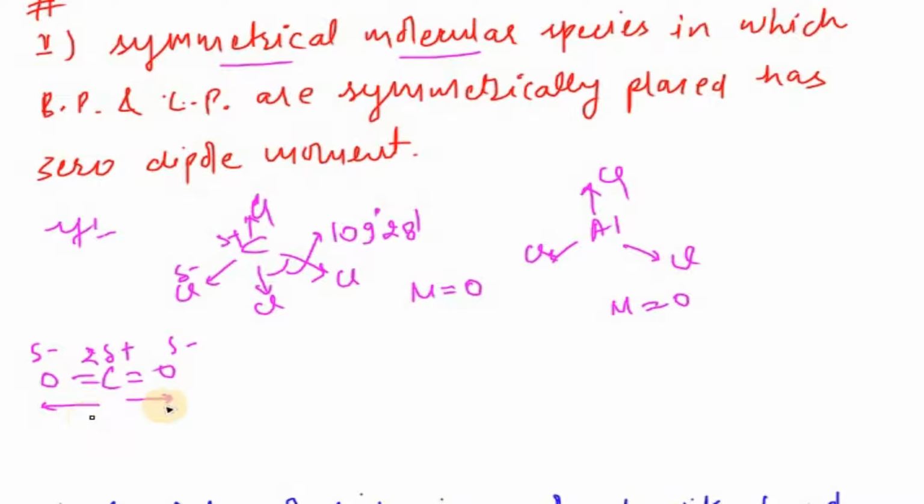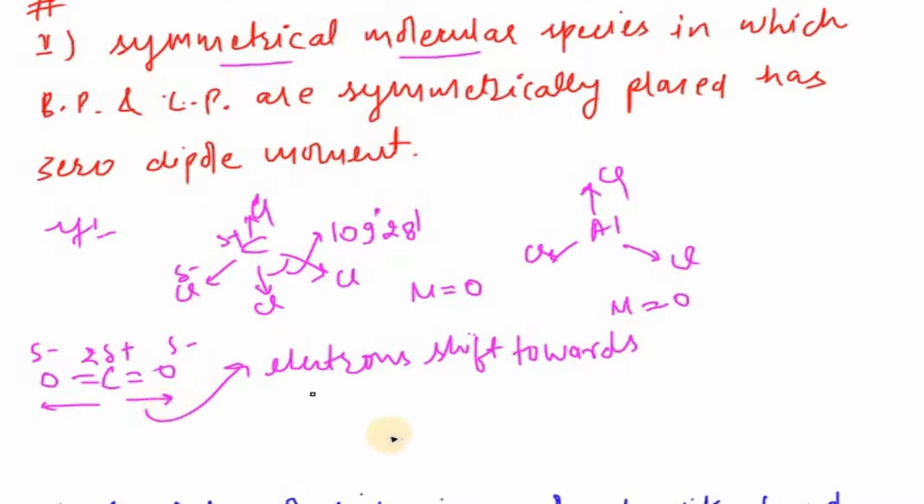And what this sign represents is the electrons shifting towards. So this vector means the electron is shifting from positive towards negative. So it is showing the movement of electrons also.